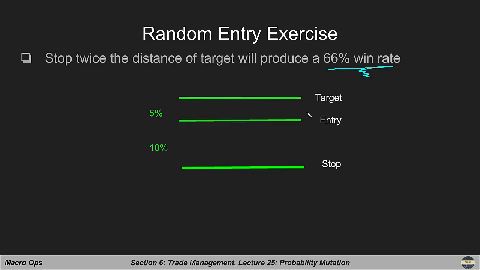That's because the target is closer to the entry than the stop. Running this system is a really good exercise to see just how efficient the markets are if you're not applying any type of analytical edge. You can create 66% wins just by moving a target closer to the entry than the stop is.